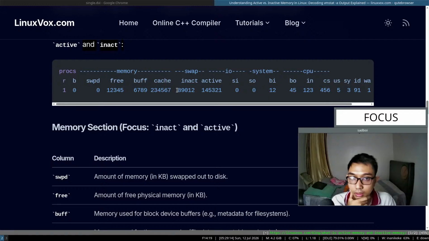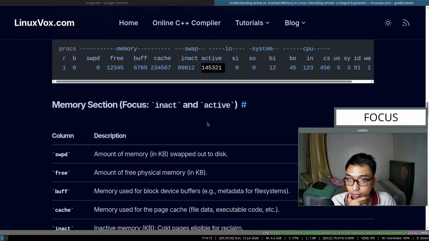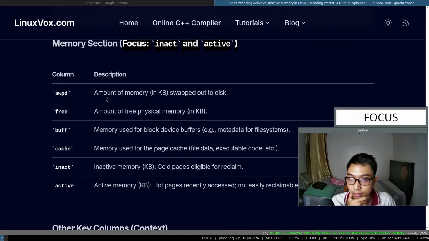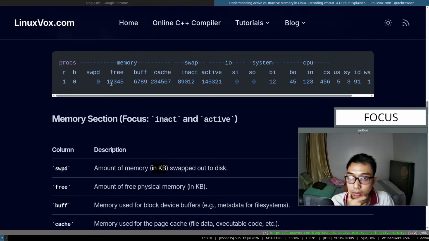Okay, interesting. Memorization, focus inactive and active. Oh, is it in kilobytes? I thought this was bytes. Okay.